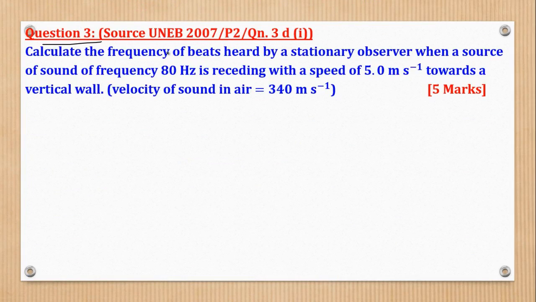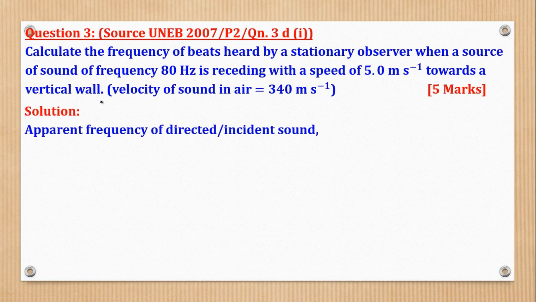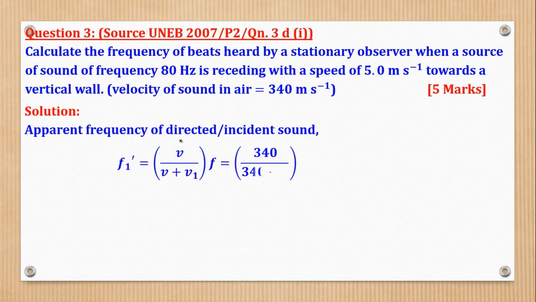Then question 3 came from UACE 2007, paper 2, question 3D, and it says, calculate the frequency of beats heard by a stationary observer when a source of sound of frequency 80 Hz is receding with a speed of this towards a vertical wall. So the apparent frequency of the direct incident sound will be given by that.